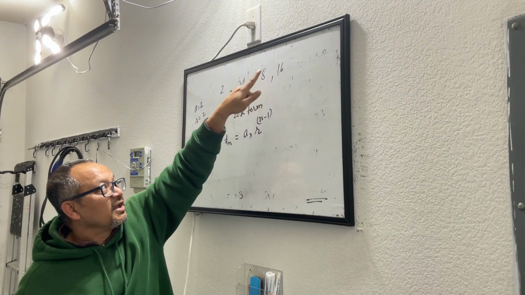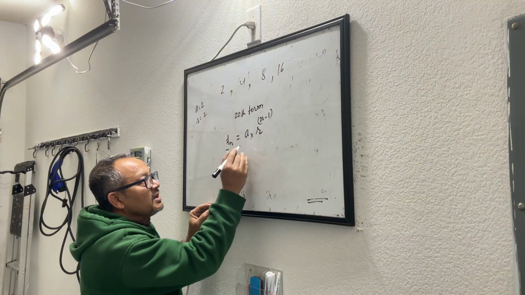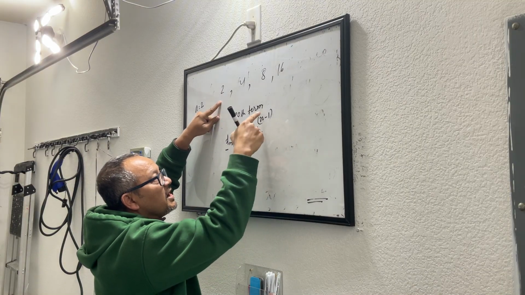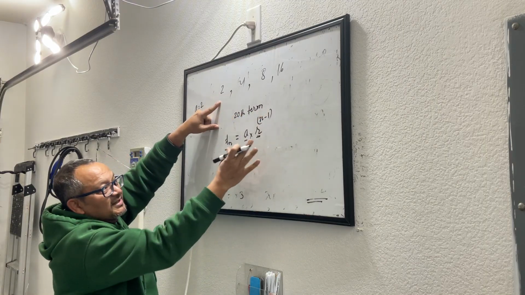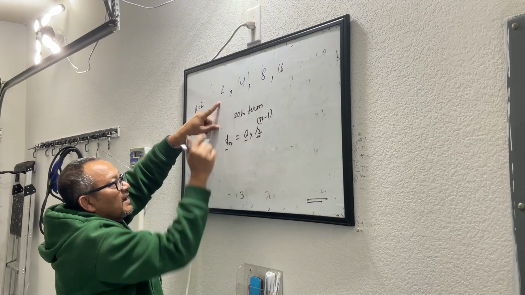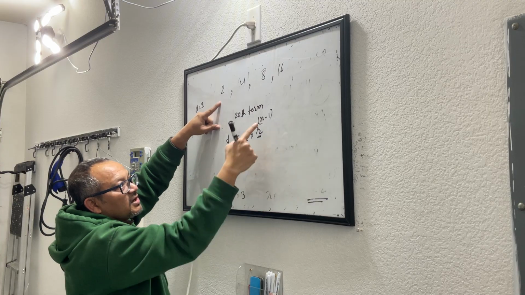AR square, AR cube, and we know that nth term of any sequence will be A times R to the power, which term we are talking about, that minus 1. So if you try relating this formula that we just derived, if I want to find out the first term, I'll put 1 in place of n.